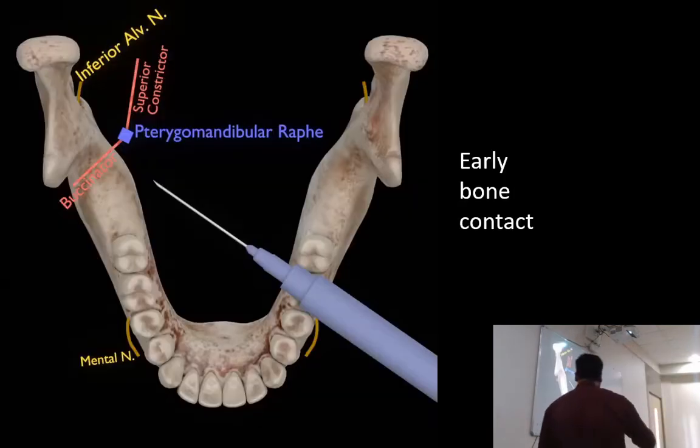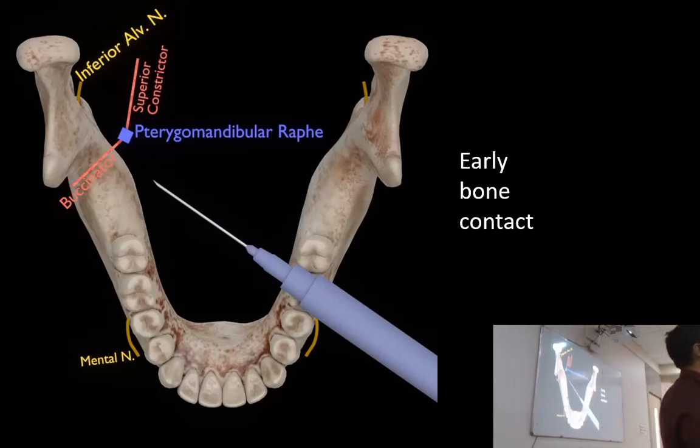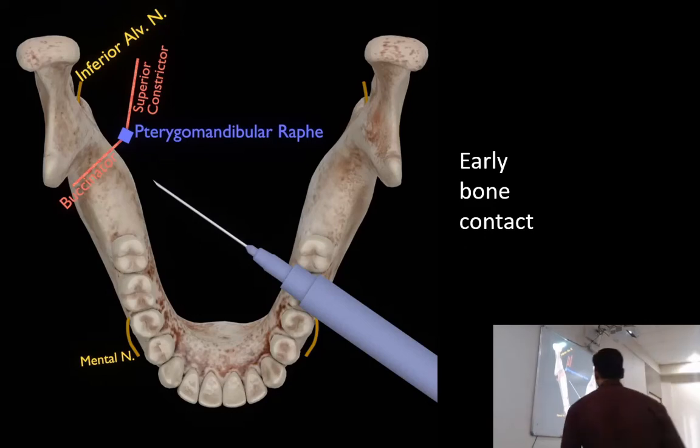Okay. So now we come to the point where even after proper technique, there is a possibility that you might hit the bone early, or you might not hit the bone at all. So there are many variables in the inferior alveolar nerve block. First is patient variable. You can see the body of the mandible and the ramus are at an angulation.